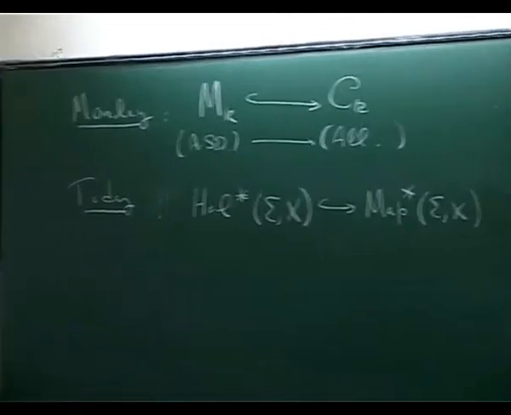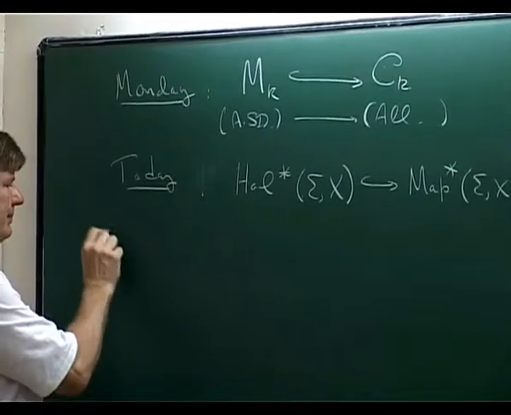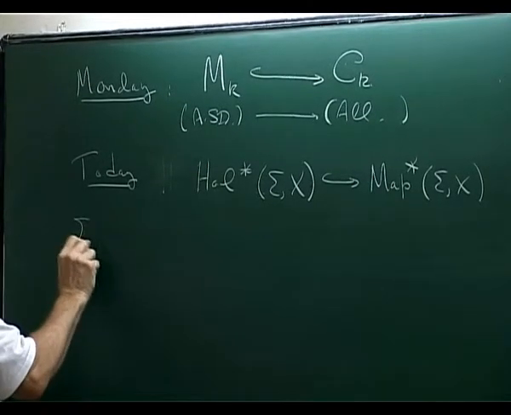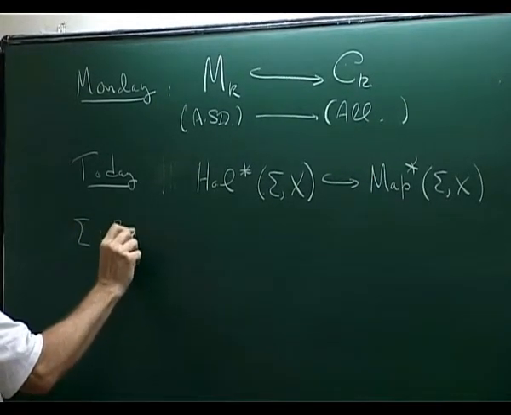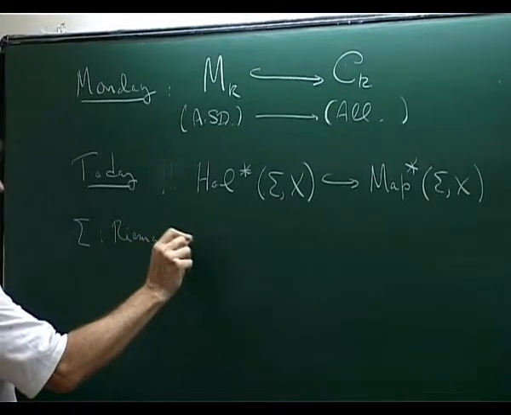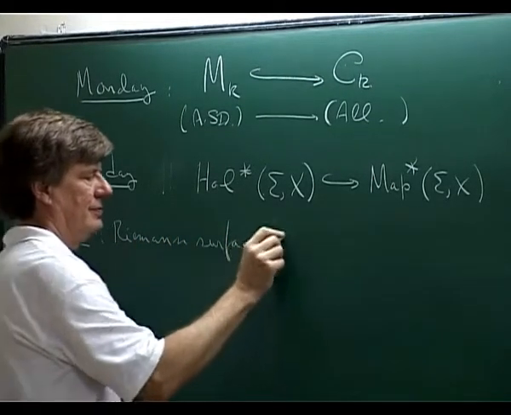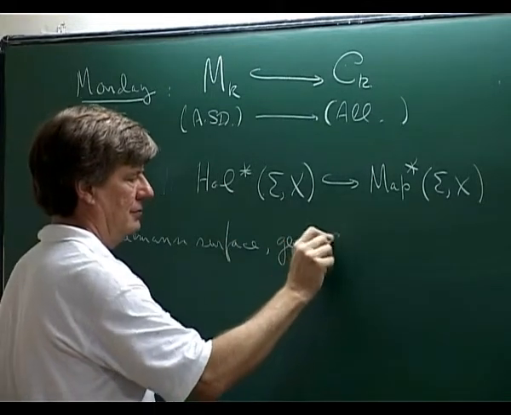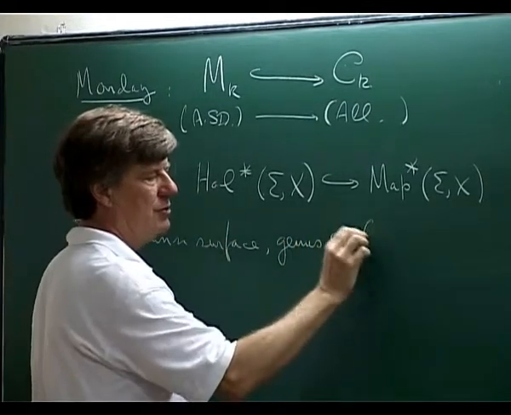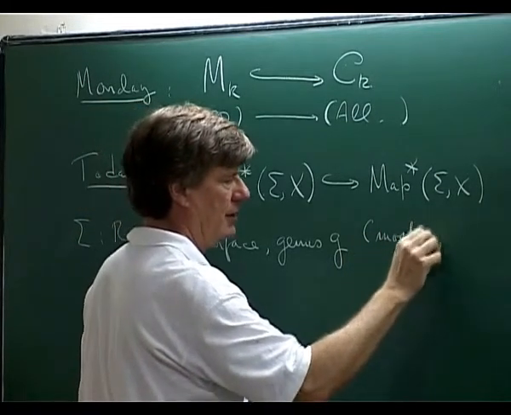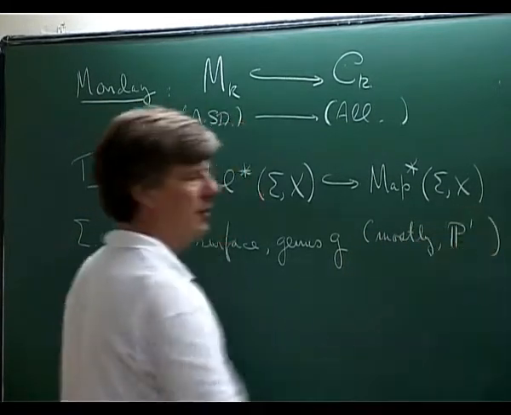Okay, so there are a few bits of code in this. First of all, sigma is a Riemann surface of genus g, and in fact, most of the talk, mostly just the Riemann sphere.